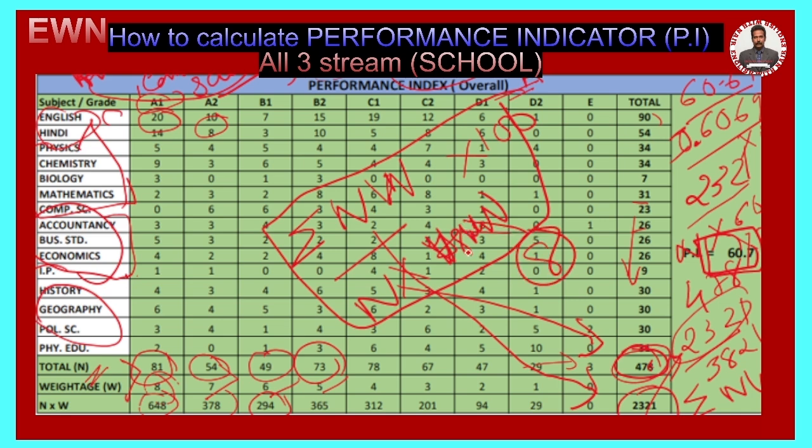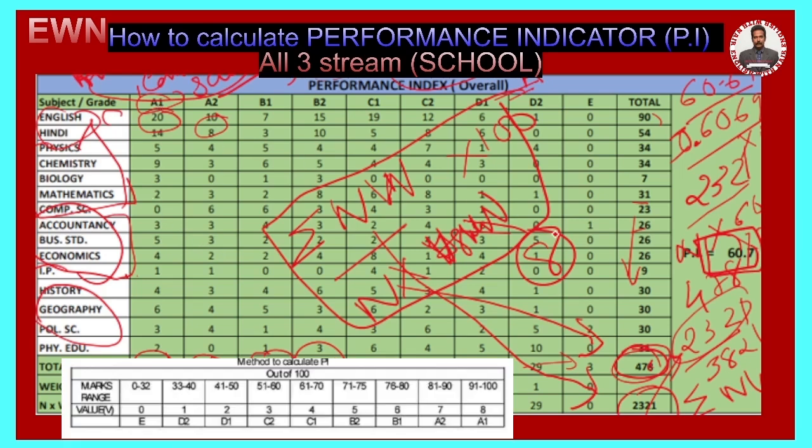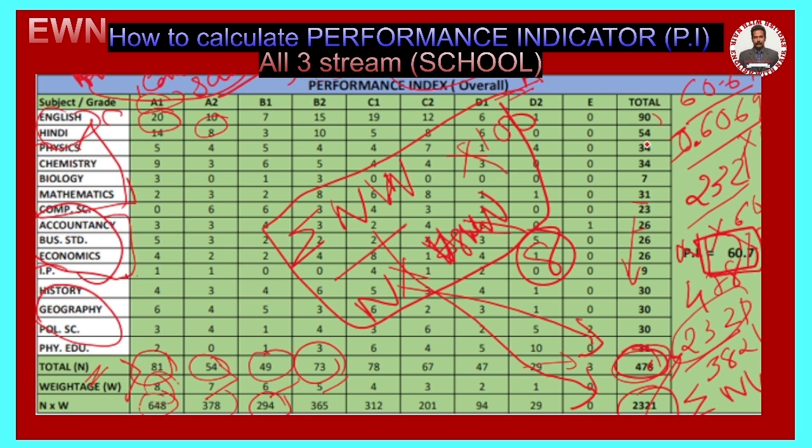This is a fixed weightage because we have got A1 as 8. The highest weightage is 8 only. Into 100. So we get 0.69 into 100. The decimal will shift to the right hand side, and it will be 60.69. That is equivalent to 60.7. So this is how we got the percentage of the school overall, comprising all the streams, as 60.7. This is the PI, performance indicator.